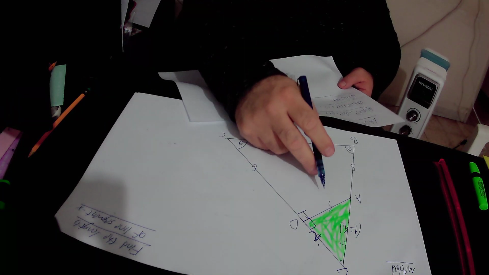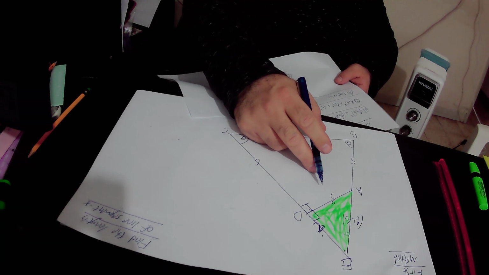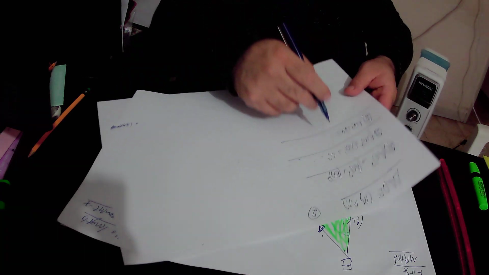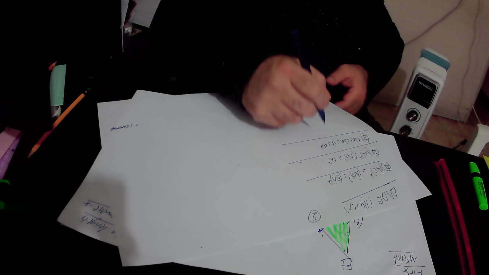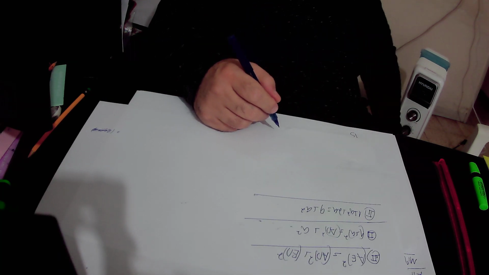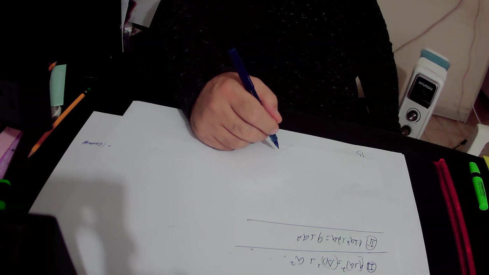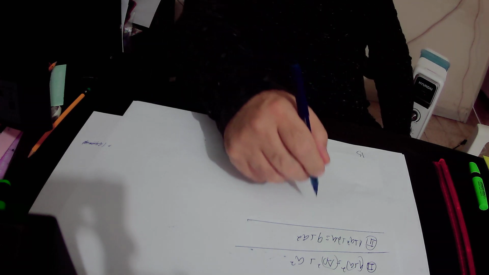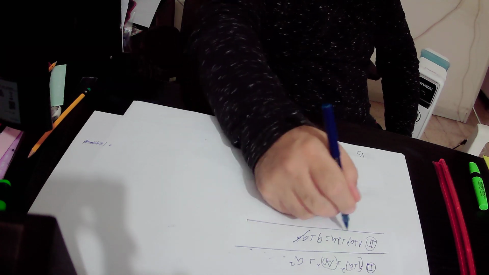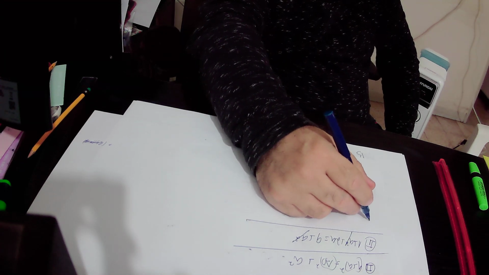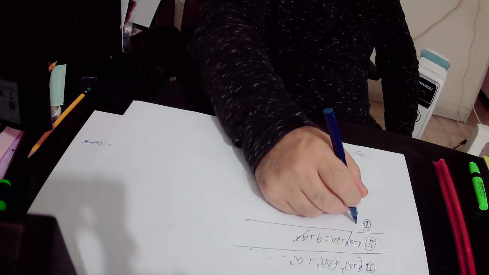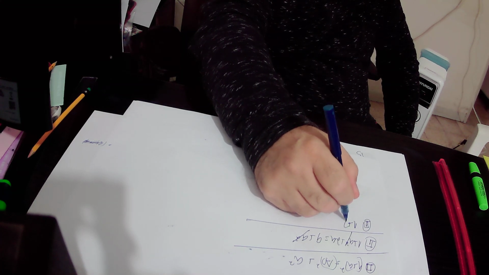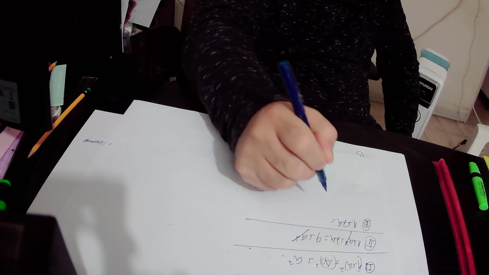AD equals 3 units, so AD squared is 3 squared, it is 9, plus A squared. Here we have A squared on both sides of the equation, so A squared will get cancelled. And we are left only with 1 plus 2A, that is equal to 9.